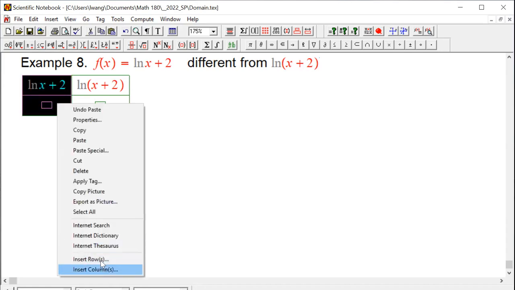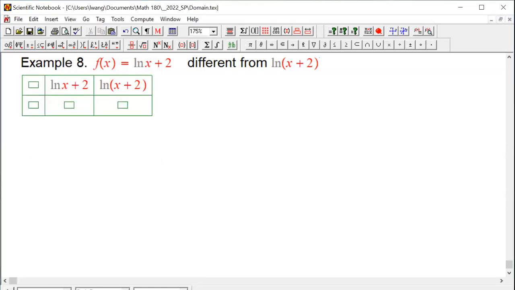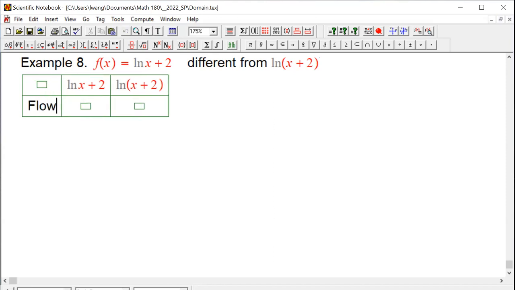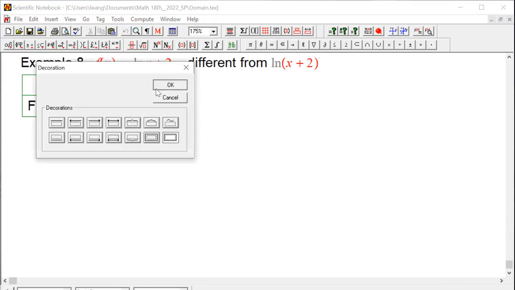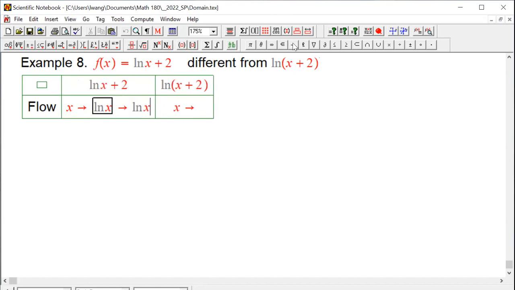Okay. So I'm going to show you the flow of operation. x is the input, and in this piece x is the input, right? They both have x as the input. But this one, you'll be given to the function machine ln x right away, and you get out the output.